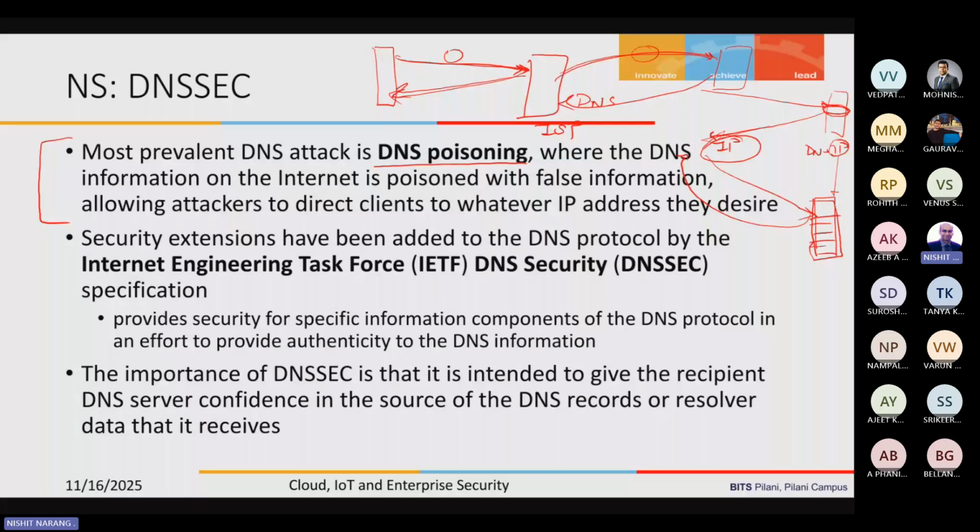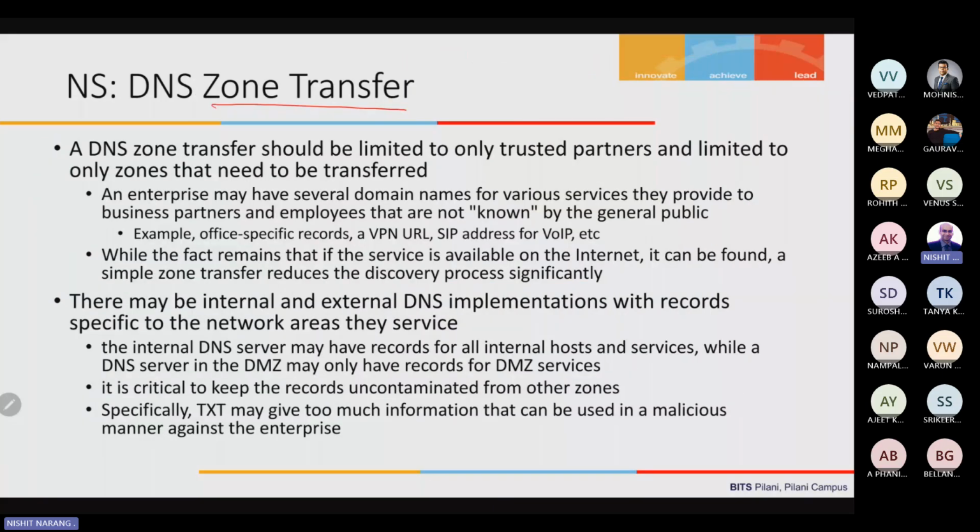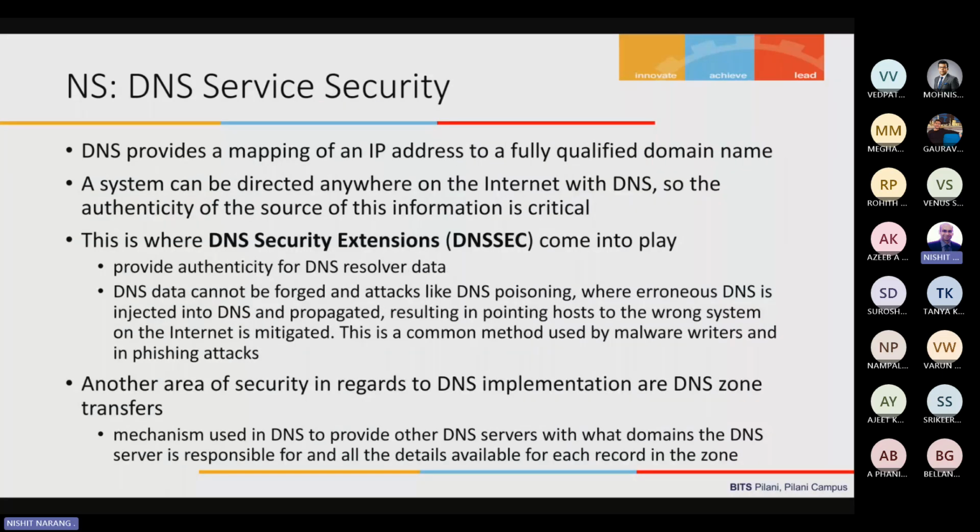The method to protect against this kind of malicious record poisoning is by using a standard called DNS security, or DNSSEC. This is a standard defined by the Internet Engineering Task Force, which is our standardization body for all internet protocols. What DNSSEC defines is a set of techniques whereby record poisoning can be prevented.